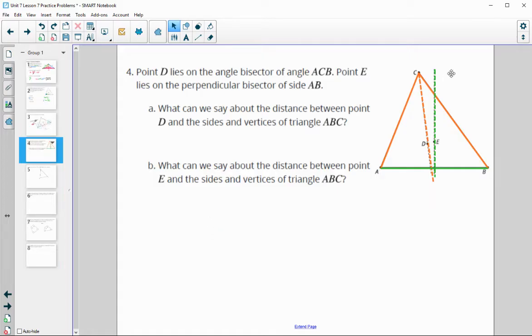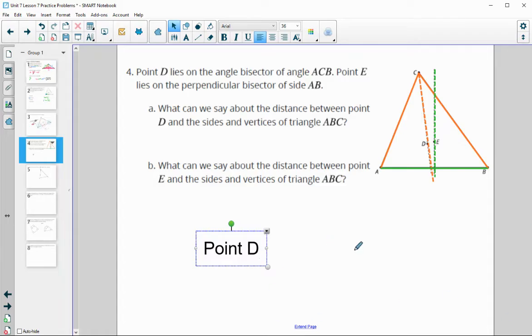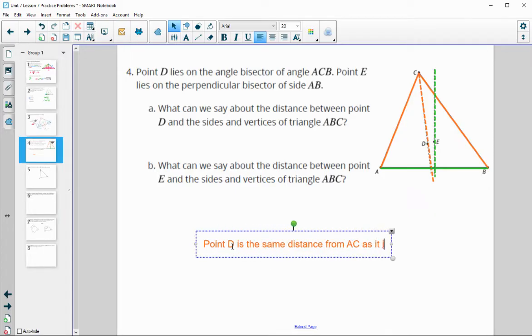So for point D, we know that D is on the angle bisector of those orange ones. So then we can say that point D, let me type this out because it'll be easier. So point D is the same distance from AC as it is from BC, since those are the sides of that angle that it's bisecting.